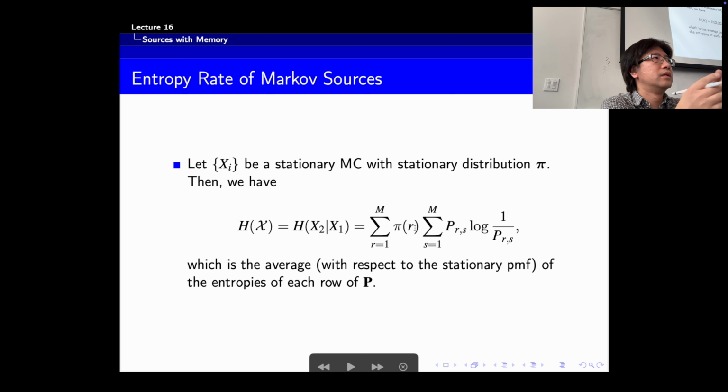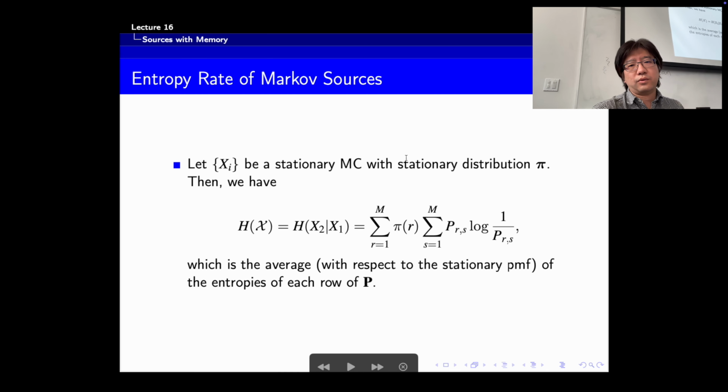In this case, we can make sure the Markov chain converges to a stationary distribution. And it has to be stationary as well. Stationary means the distribution will not change over time, so it has to start from the stationary distribution.